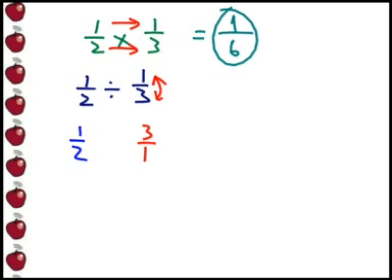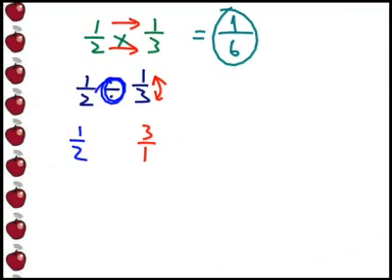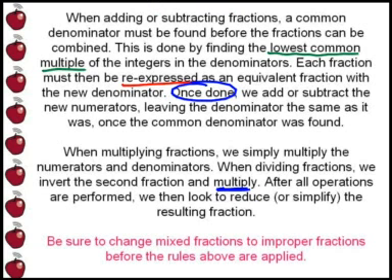We've still got the half. They didn't say anything about the half, so we leave the half as is, and then multiply. So the division sign there has now become a multiply, and we're back to multiplication of fractions. Multiply the numerators, 1 times 3, and multiply the denominators, 2 times 1, which will give us 3 over 2.